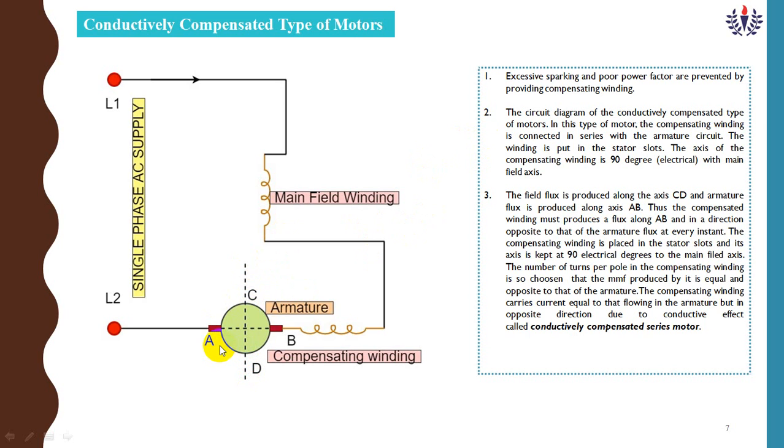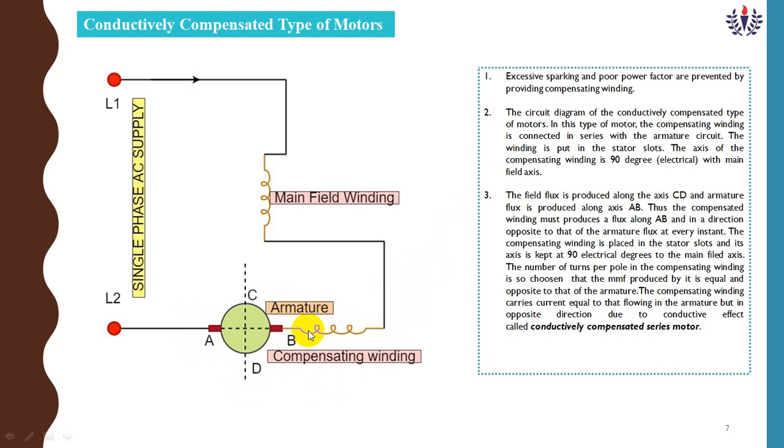The armature flux will be produced along the axis A and B. The field flux is produced with the axis C and D, and the armature flux in the axis A, B. The compensating winding must produce a flux along the AB direction. You see, this is the AB direction, because the compensating winding is connected in series within the AB.